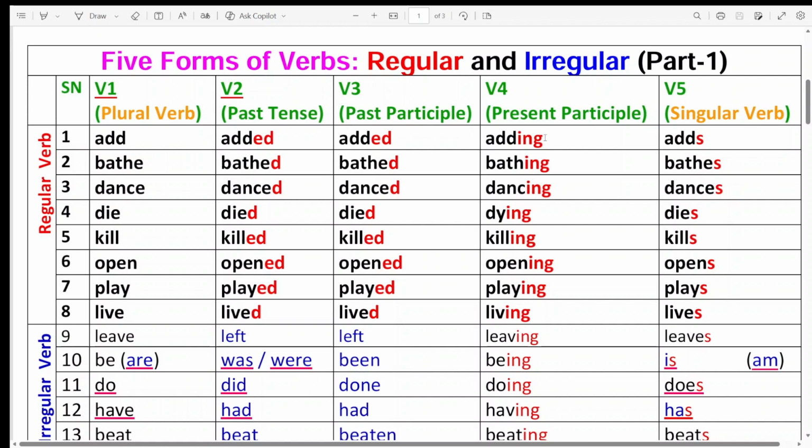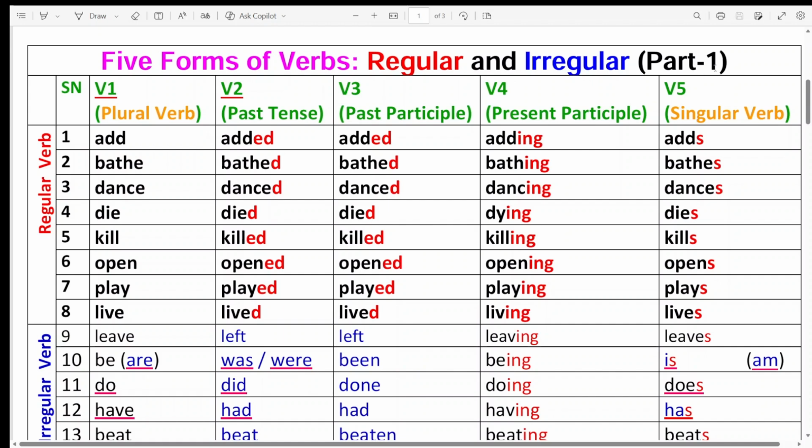And then V4. V4 is the present participle, and V4 always ends in ing, like adding, bathing, dancing. They are present participle. We simply call it V4. V5: adds, bathes, dances, and they are present tense singular verbs.